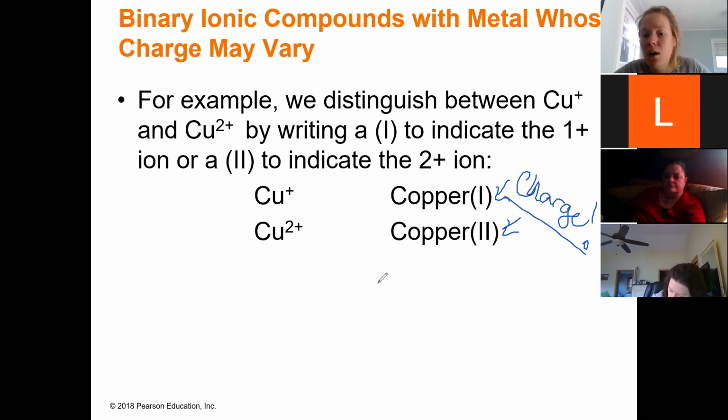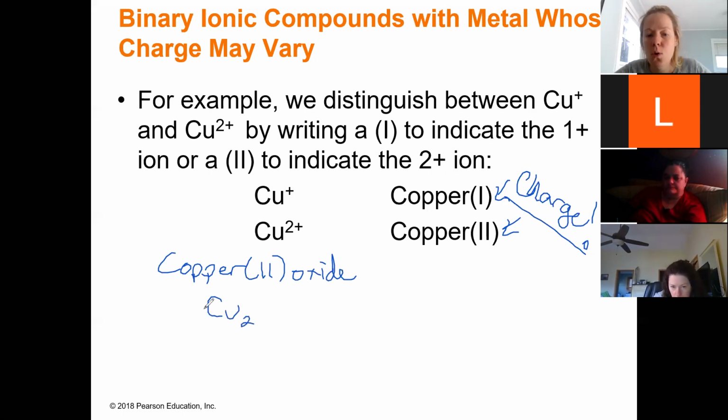So if I said copper 2 oxide, I'm not saying, oh, I have 2 coppers. No, no, no. What I'm saying is I'm dealing with copper with a 2+ charge and oxygen with a 2-, and from there we'll flip flop. Okay, so this is talking about charge.